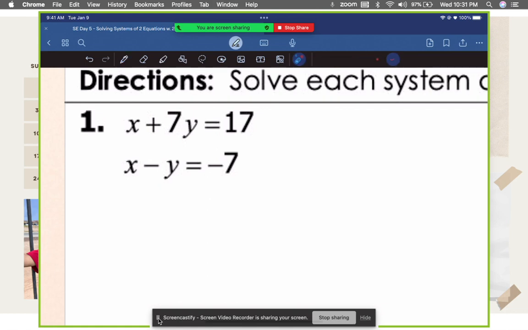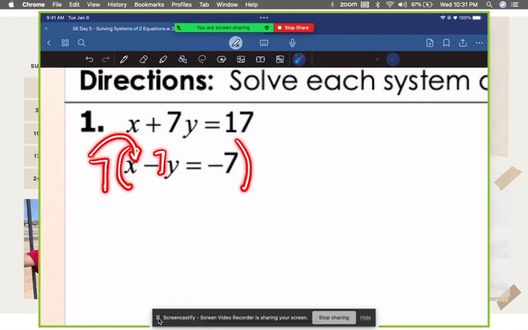If you notice, we have two variables to work with. These two variables, or sorry, the y's, have opposite signs already. However, this y would also need a 7. So that means that I would have to multiply this entire equation by 7.